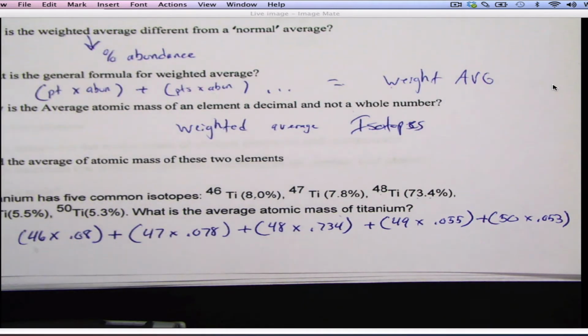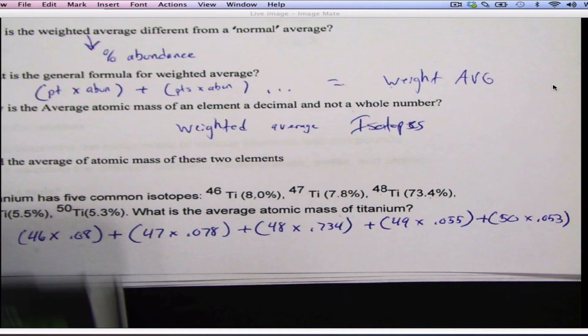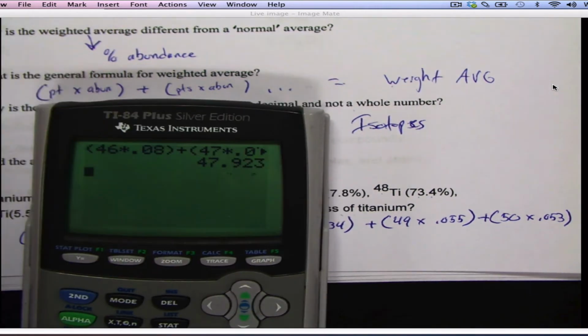There. Push enter, and here is my calculation that I got. 47.923. Alright.